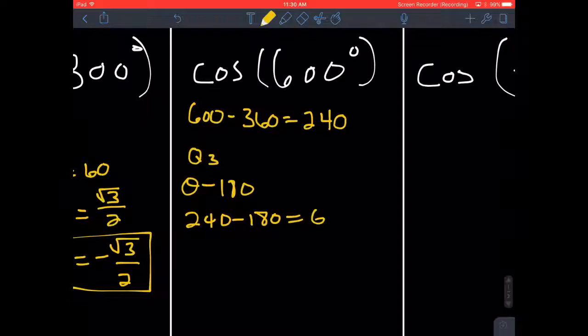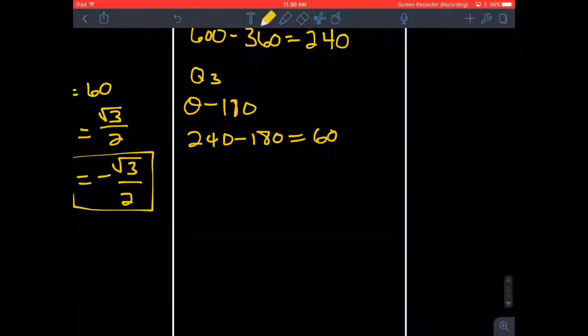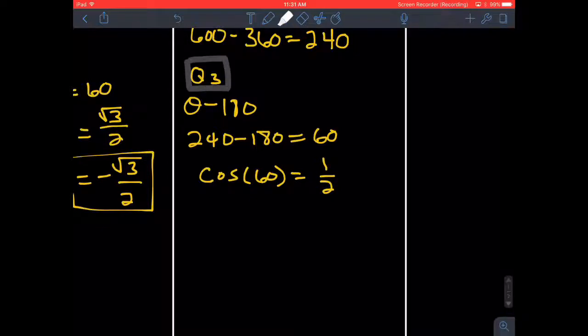This gives me 60 degrees. Once again, this implies to me that the cosine of 600 is about the same as the cosine of 60, just positive or negative. I cannot be sure until I check which quadrant I am in. Since we are in the third quadrant and cosine is negative there, that means that the cosine of 600 degrees is equal to negative 1/2.